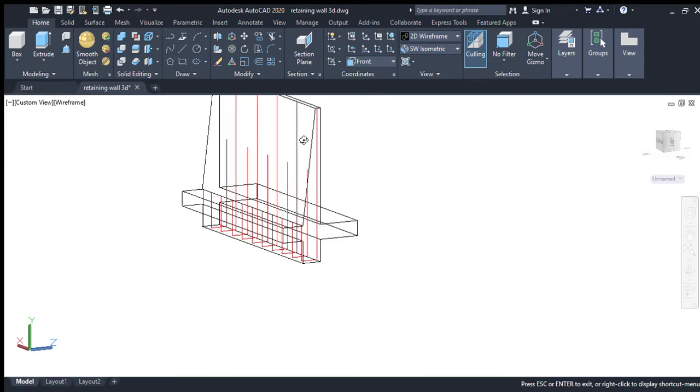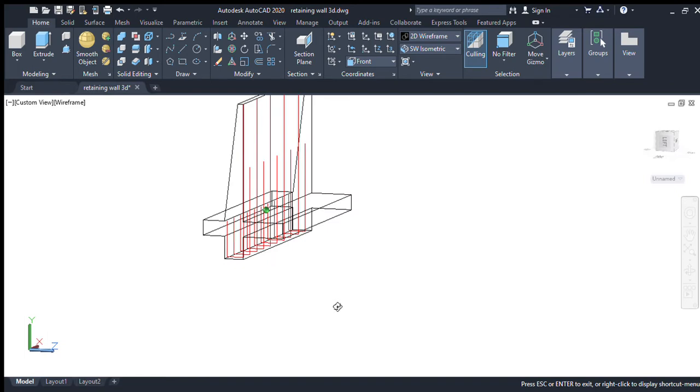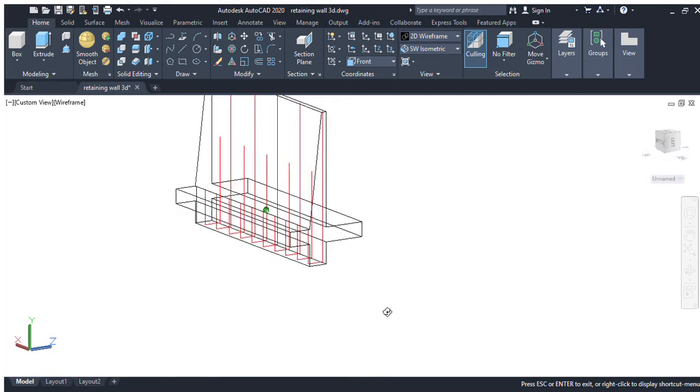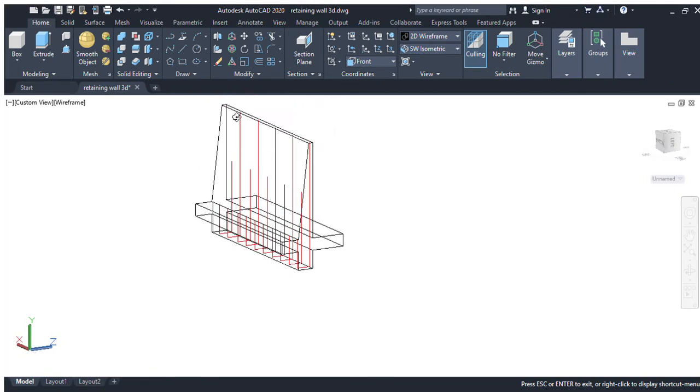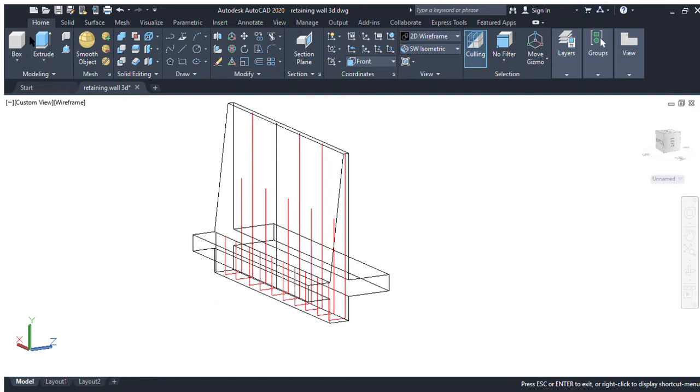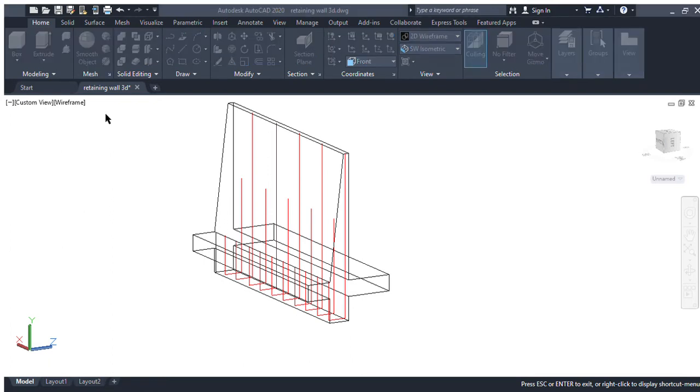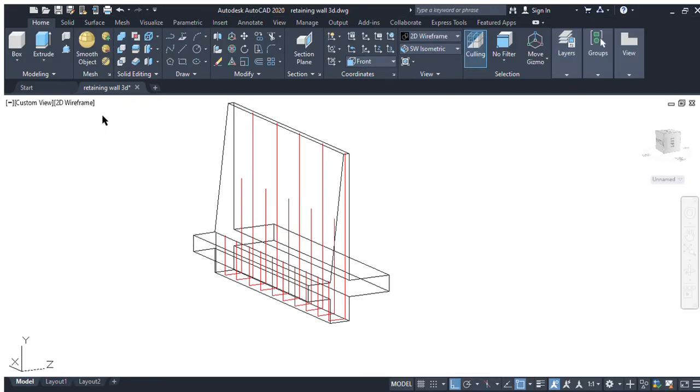this sliding portion reinforcement is also provided. You can see that reinforcement. This is the distribution bars provided laterally in the vertical and horizontal direction.